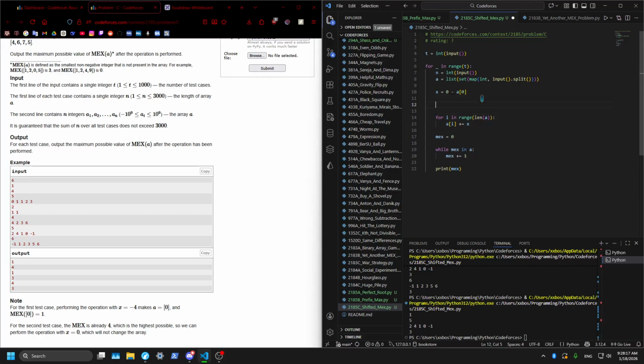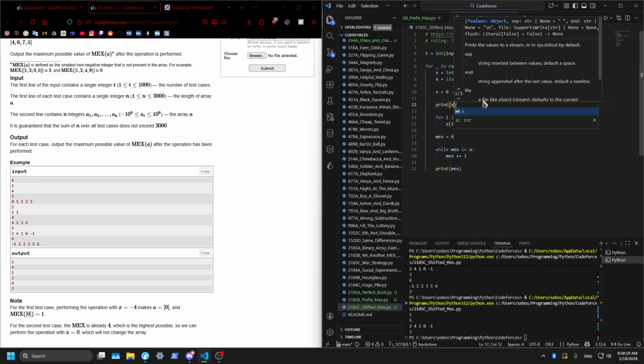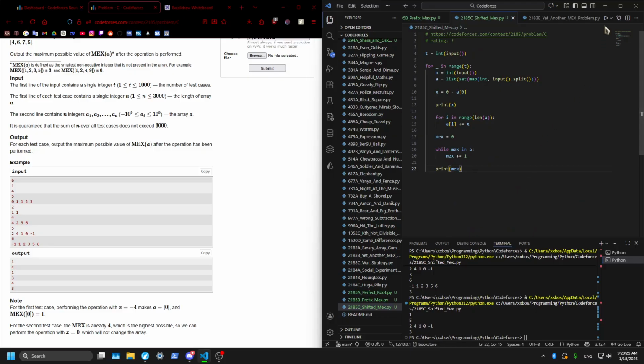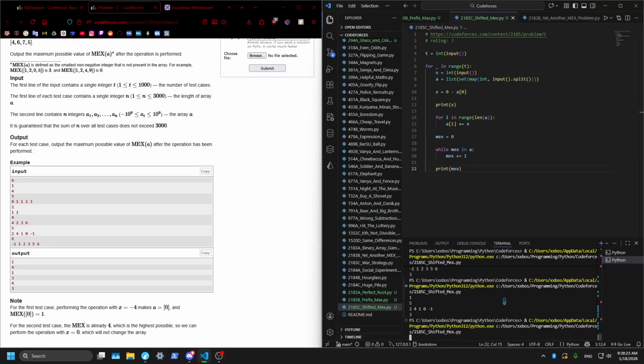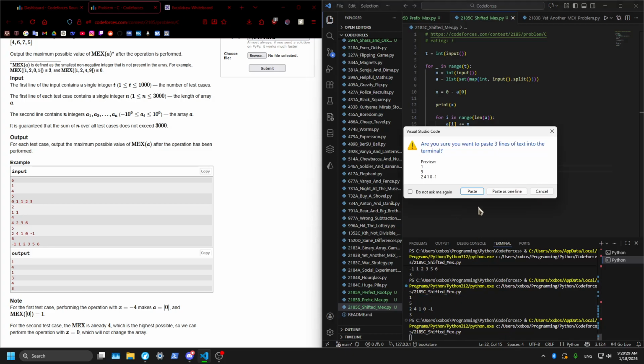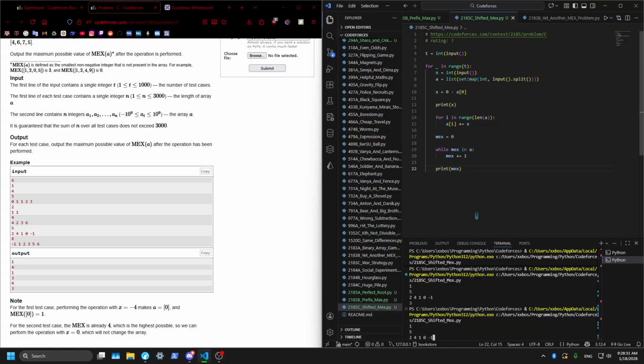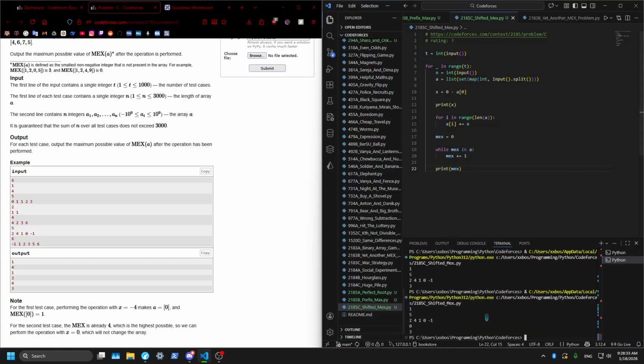What's our X? That's probably something to do with a negative number. Our X is 0. What? Our lowest number is -1 though.